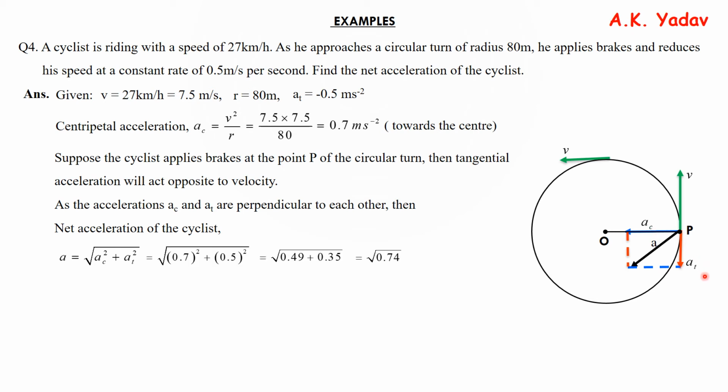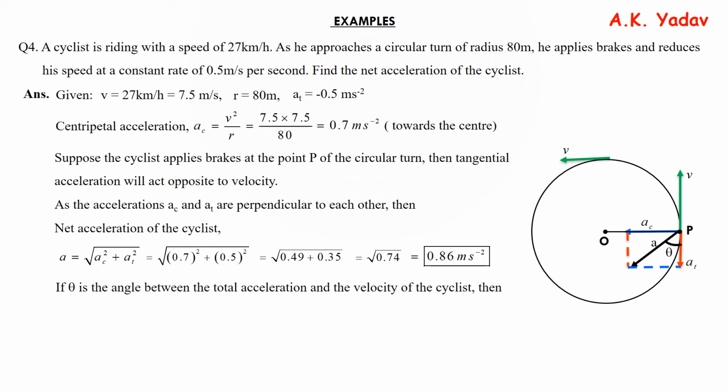We put the values, and what we get, A is equal to 0.86 meter per second square. Now if theta is the angle between the total acceleration and the velocity of the cyclist, then tan theta is equal to AC by AT, that is 0.7 by 0.5, that gives tan theta is equal to 1.4, or theta is equal to tan inverse of 1.4.